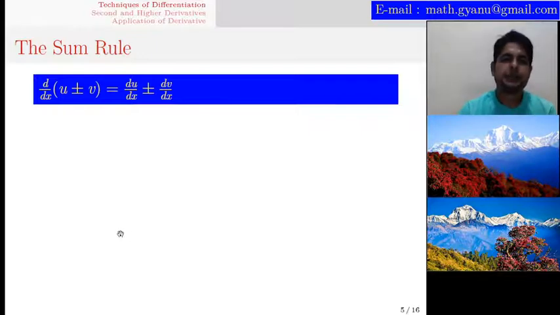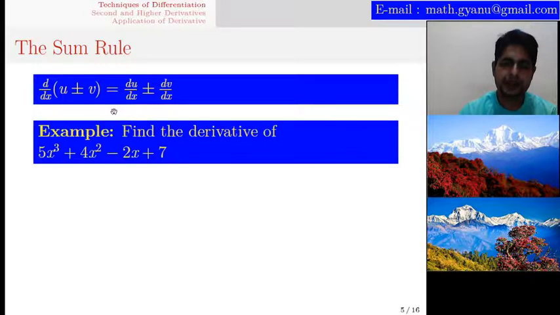Memorize: if two functions occur in terms of a sum, then the differential coefficient can be calculated separately and we make their sum. To use this formula, we take this example. Find the derivative of 5x^3 plus 4x^2 minus 2x plus 7.